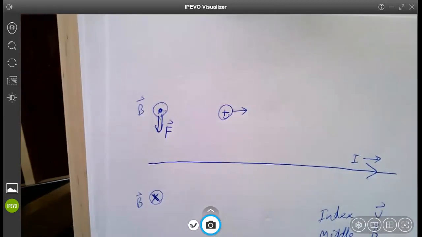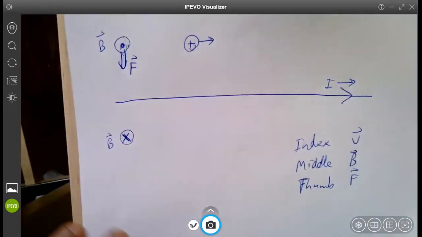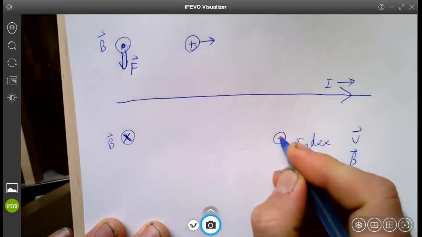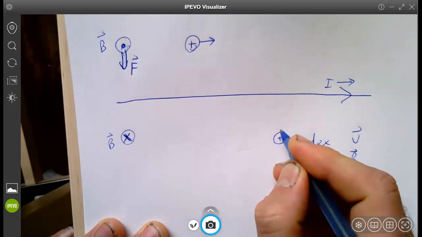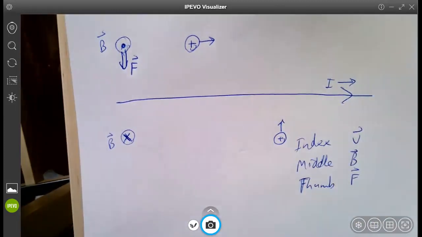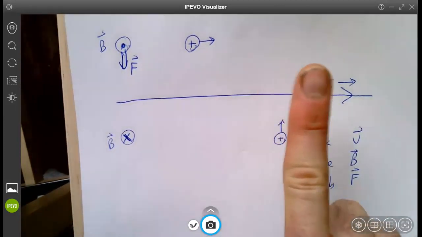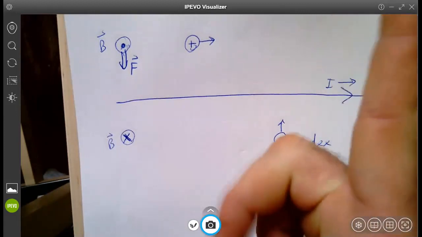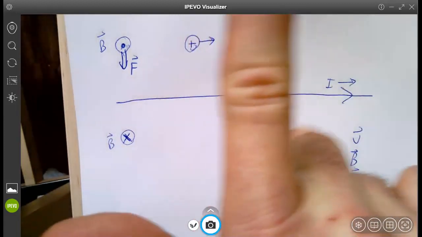Let's take a look at the other scenarios in our examples. The other one I'm going to do is number 4, the positive charge that's going up. That was this one over here, positive charge, going in this direction. Again, here's my index finger. Here, the magnetic field is pointed into the page.